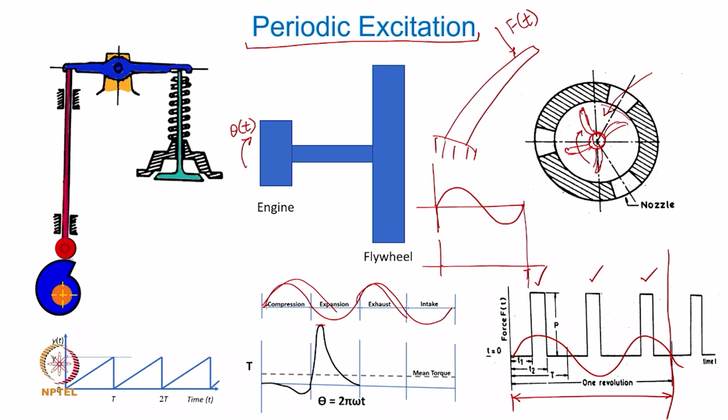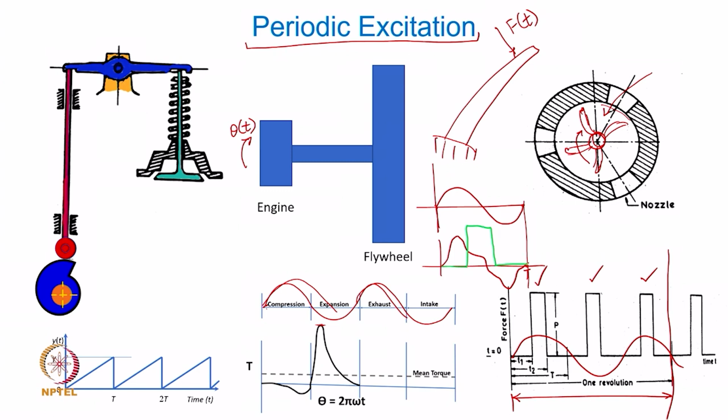if I show this excitation to be like this, or even like this, what is the difference here?